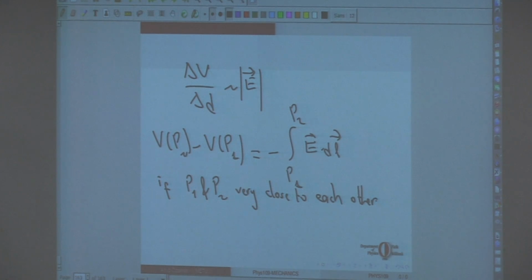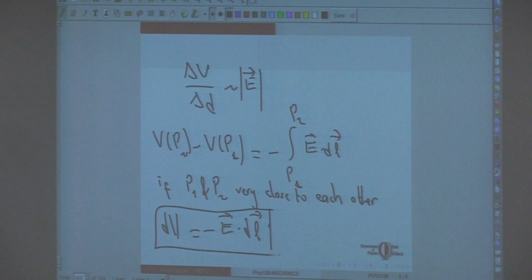Since those 2 points are very close to each other, the electric field will be almost constant. So the very small change in the potential as you move from P1 to P2 is minus E dot dl. This we had already discussed on Thursday.